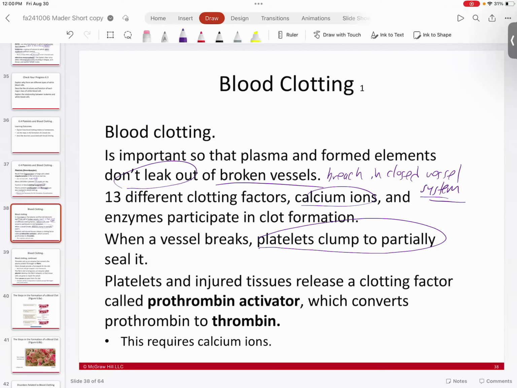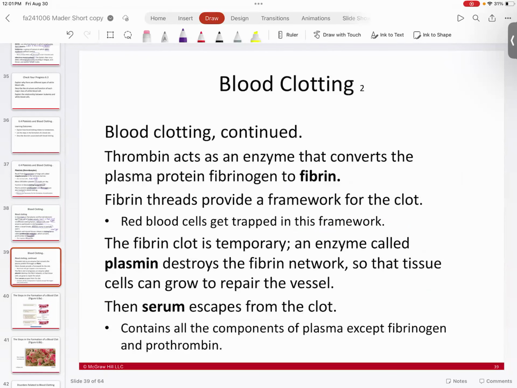The platelets will release clotting factors to recruit help. One of these clotting factors is prothrombin activator, which converts prothrombin into thrombin. This requires calcium ions, so you need your calcium for this to work.